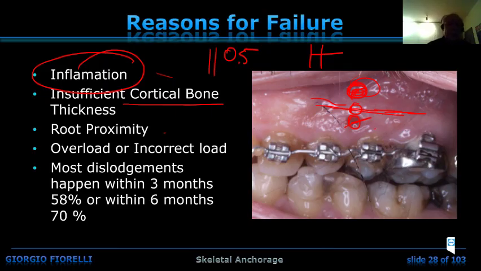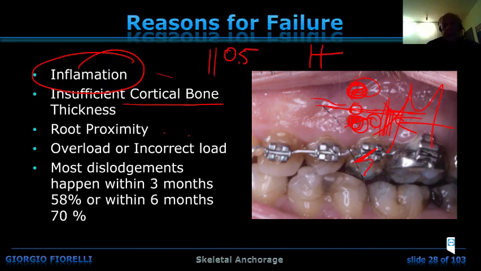People talk about root proximity. What does it mean? This is something which is true, but is it a problem? For example, let's imagine that you don't have this tooth, and here you have a TAD, or maybe you have it here. When you move this molar in this direction, you will have resorption of the bone in the area towards the TAD, and at a certain point, when the root gets closer and closer to the TAD, you won't have bone anymore, and the TAD will fail.